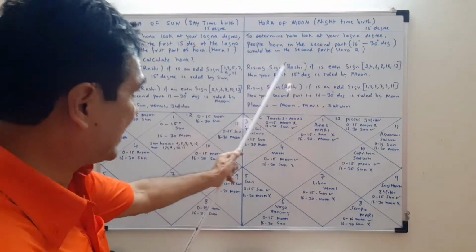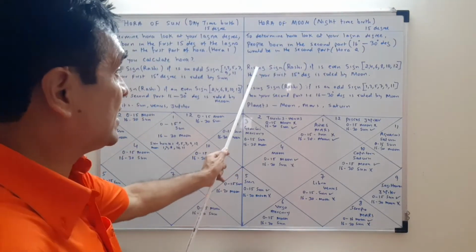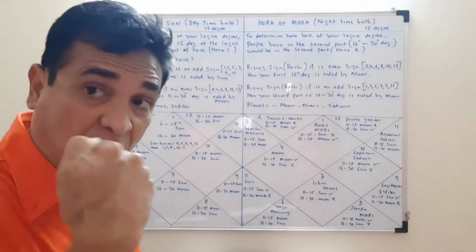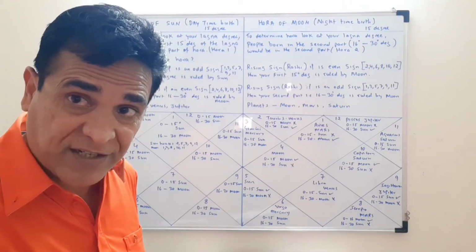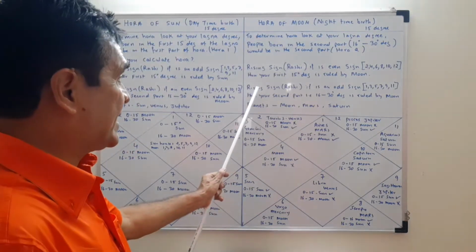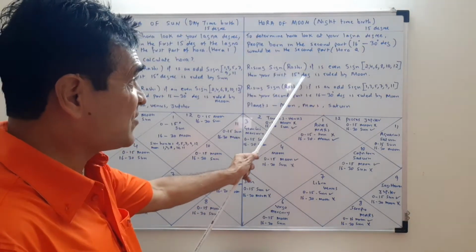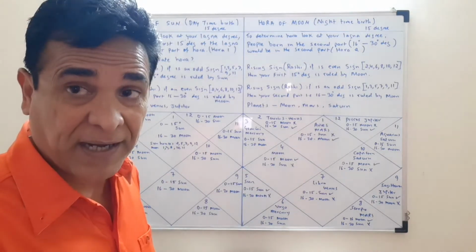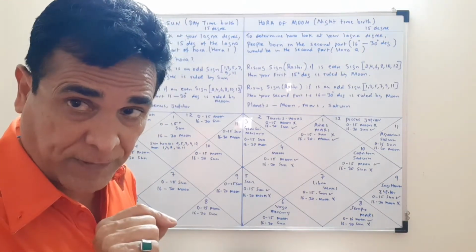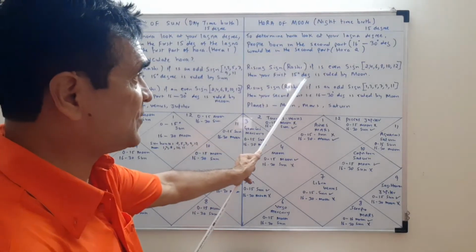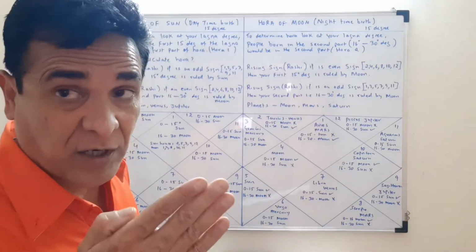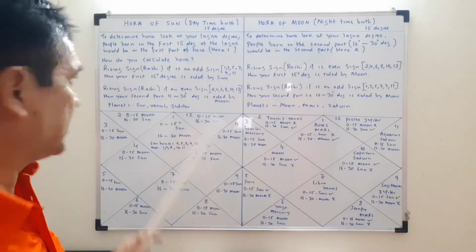On the other hand, if the rising sign is in an even sign, that is 2, 4, 6, 8, 10, 12, then the first 15 degrees would be ruled by Moon. So first 15 degrees by Sun if it is an odd sign, first 15 degrees ruled by Moon if it's an even sign.